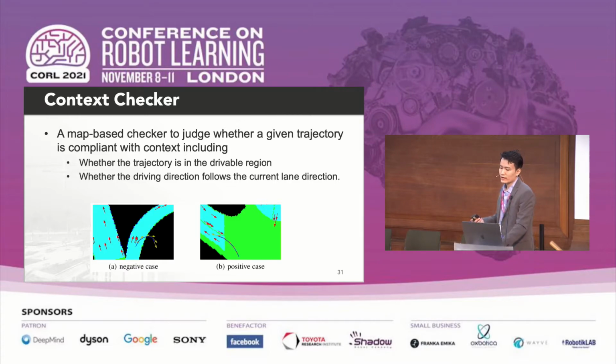In our work, we provide and implement a rudimentary map-based checker designed to judge whether a given trajectory is compliant with context and road rules, including the driving region and the driving direction. Here we show one negative example on the left, where the trajectory denoted as the blue line goes out of the driving region, and one positive case on the right that passes the checker.